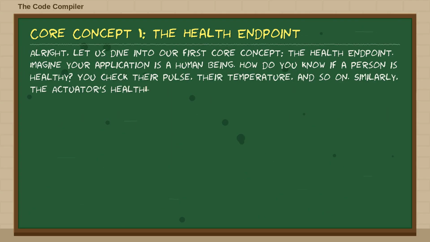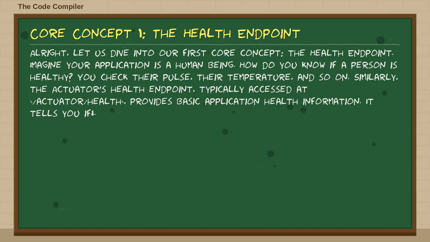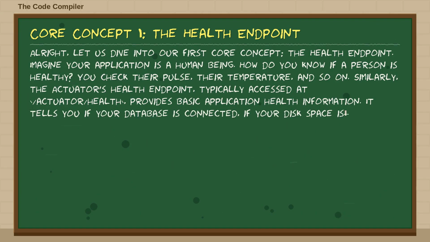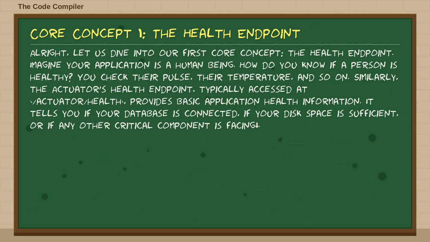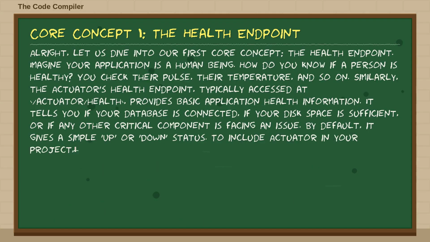Similarly, the actuator's health endpoint, typically accessed at /actuator/health, provides basic application health information. It tells you if your database is connected, if your disk space is sufficient, or if any other critical component is facing an issue. By default, it gives a simple up or down status.